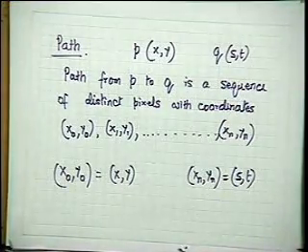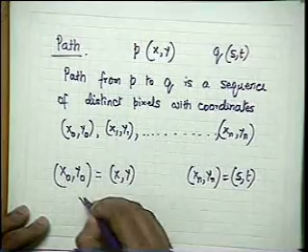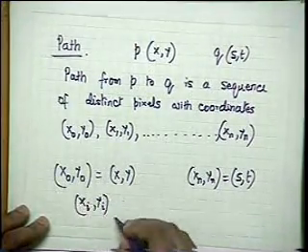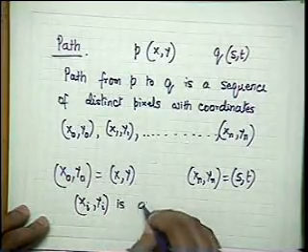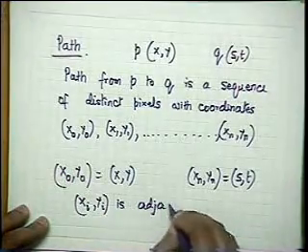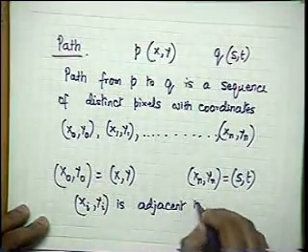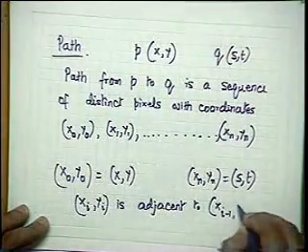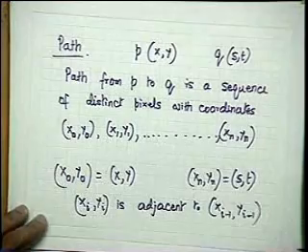And the next condition is that xi, yi is adjacent to xi minus 1, yi minus 1.